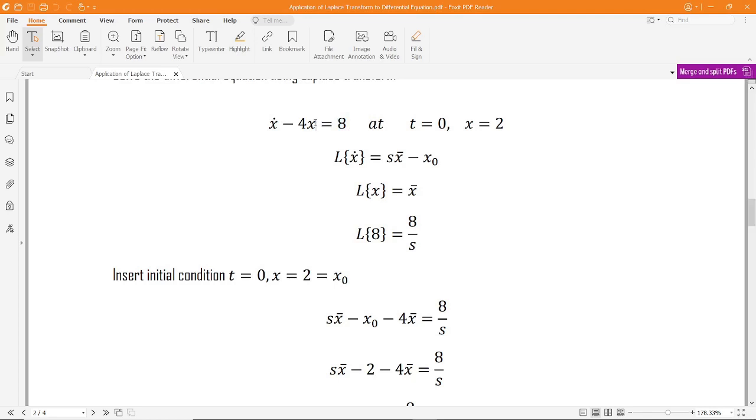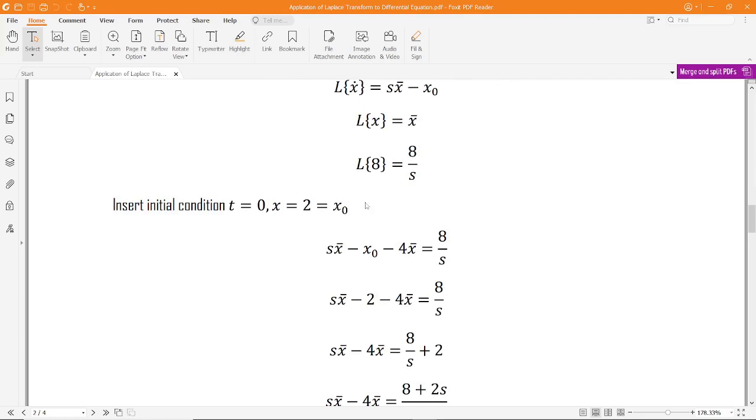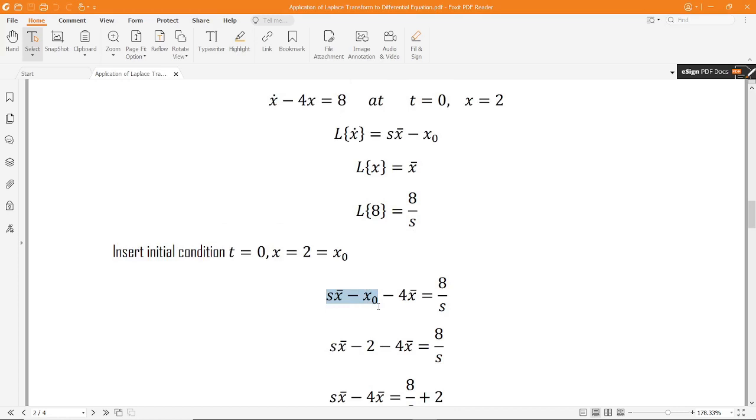But in the case where you have a value and the x, it's only the x term that you'll be converting into the Laplace equivalent for this differential solution with Laplace, so that the mistake will not cause problems along the way. So rewriting the equation in Laplace, we have done that here, converting x dot, the first derivative of x, into the Laplace equivalent, and the x into the Laplace equivalent here also, and the constant term, which is 8, into the Laplace equivalent here.